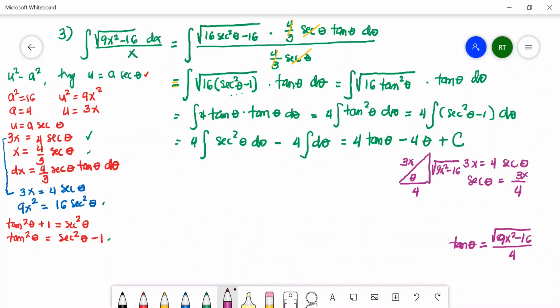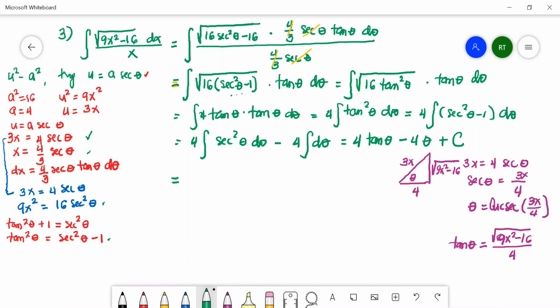We also need theta, so if secant of theta is equal to 3x over 4, then solving for theta, theta is equal to arc secant of 3x over 4. So let us now substitute back the original variable.